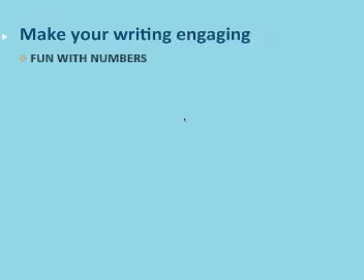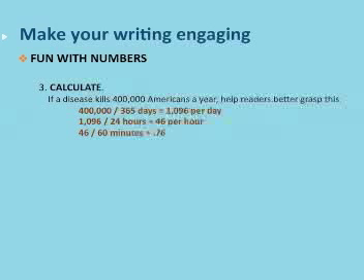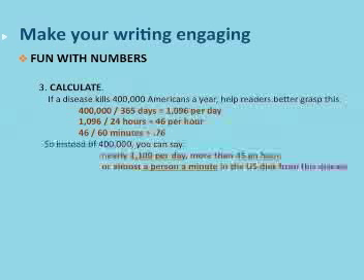If you want to make it even easier for people to understand numbers, you can use a little math. If a disease, for example, kills 400,000 Americans a year, you can help readers grasp that number and actually divide. So if it's 400,000 a year and you divide by 365, then you get it kills 1,096 a day.